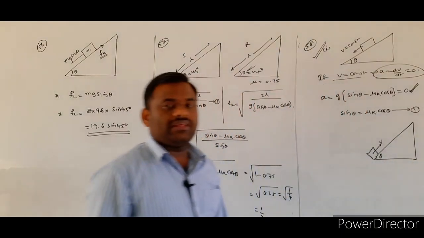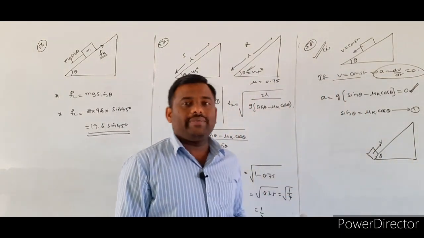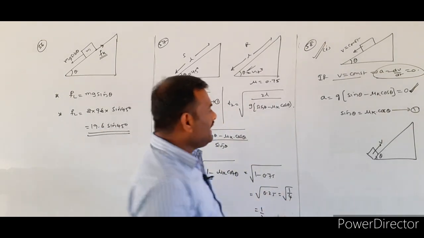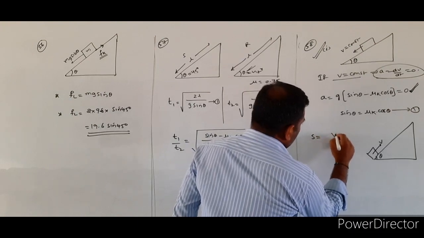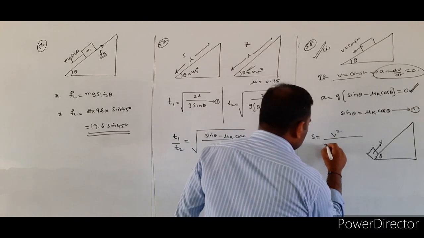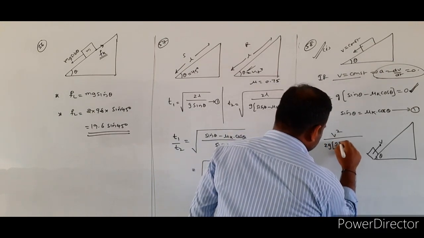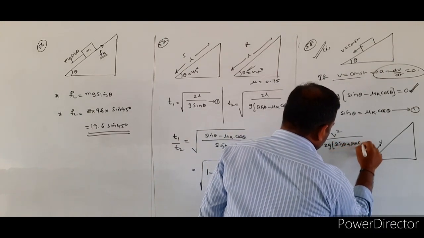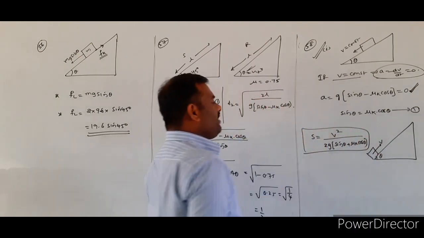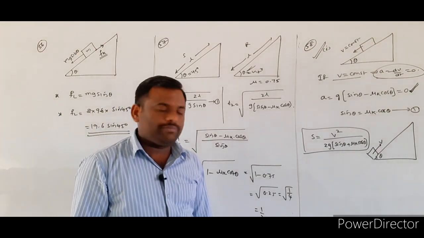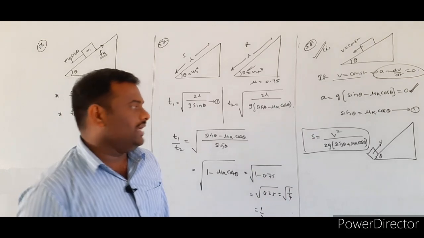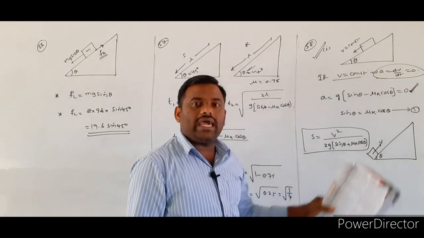we already derived the formula for the distance travelled by the block before coming to the state of rest. What is that formula? S is equal to V square by 2g into sin theta plus mu k cos theta, where V is the velocity of projection.